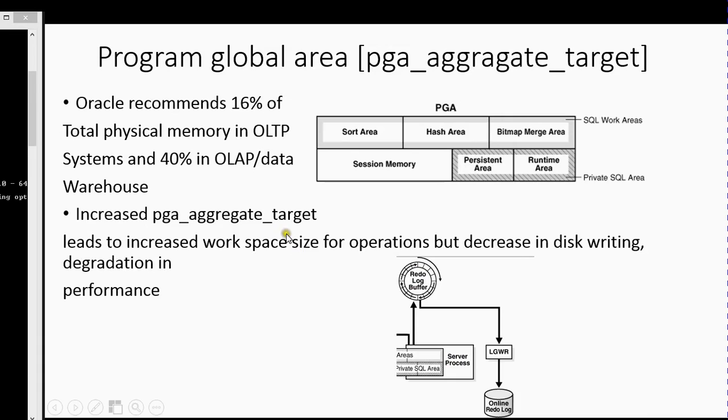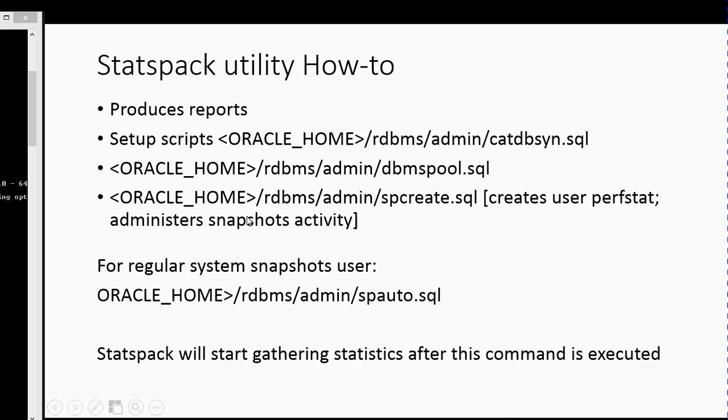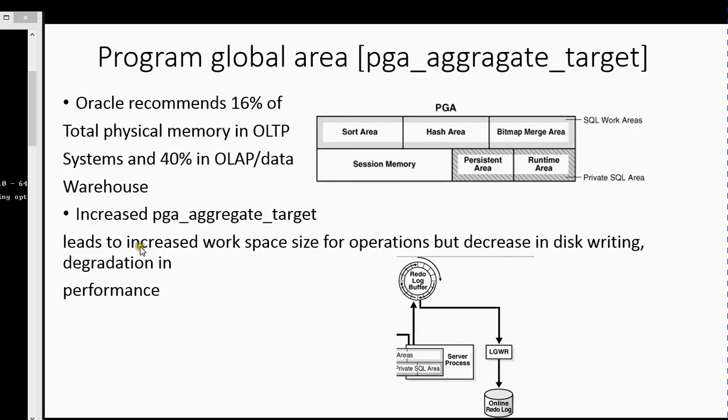Just get the value for the physical memory inside of your environment, and set it to 16% for OLTP and 40% for OLAP or data warehousing. And again, the parameter that you use to set this up is the PGA aggregate target.